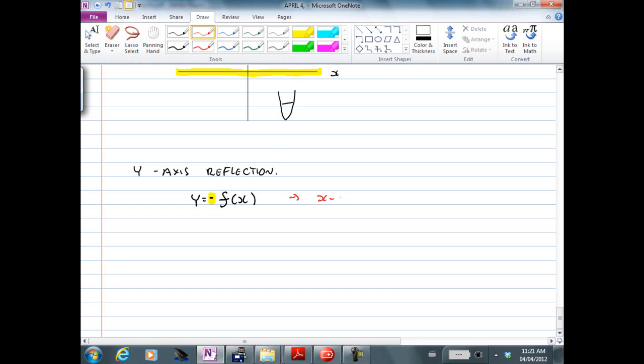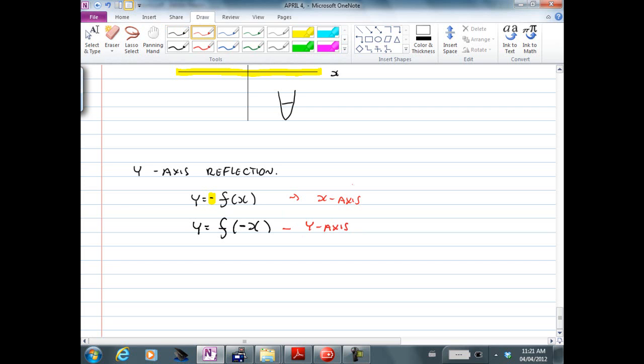So if your negative sign is in front here, it's the x-axis. Guess where the negative sign is for the y-axis? It's going to be where the x is. Now this is a y-axis reflection. So look for the negative. Where is the negative? That's how you can tell.